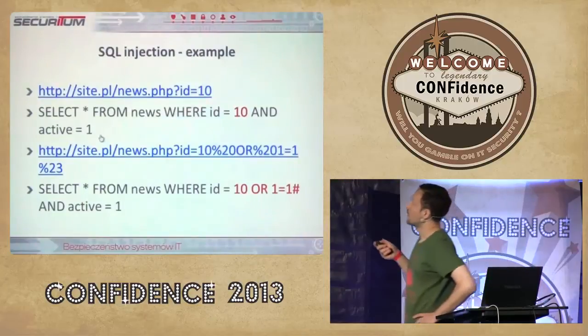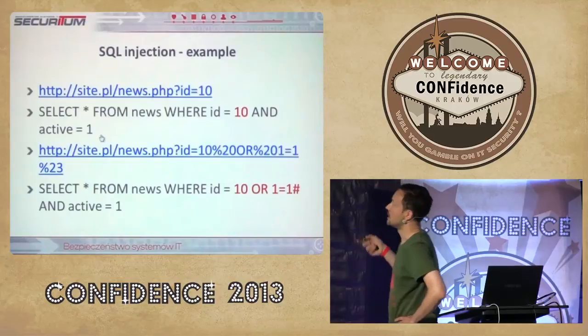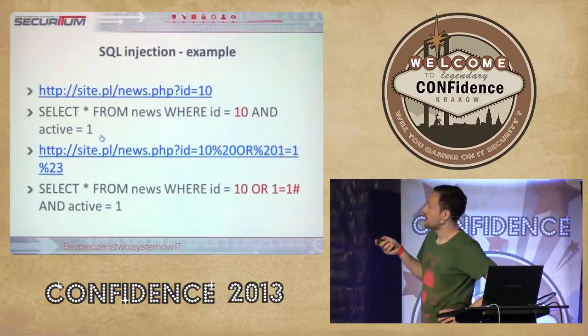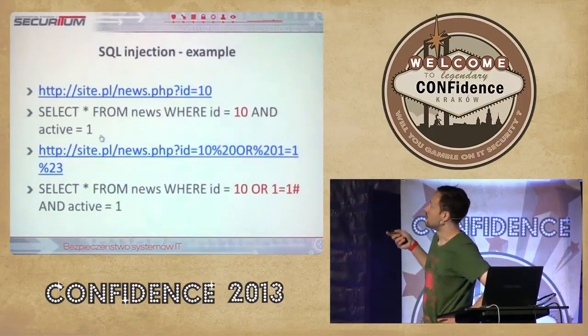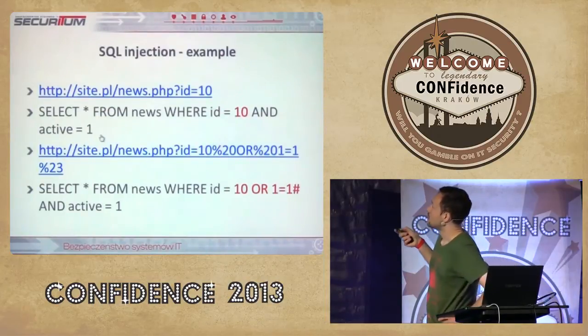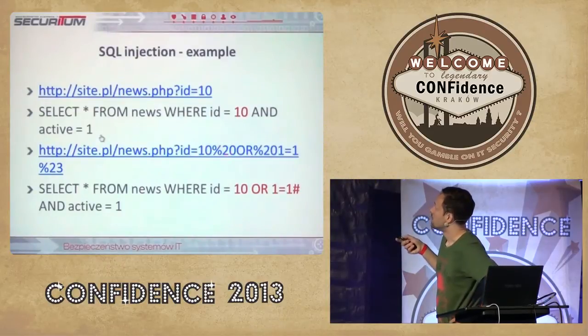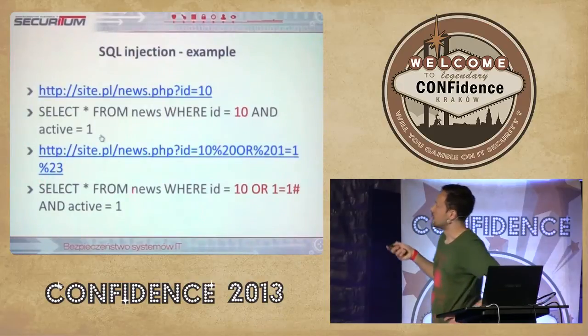So basically, for example, we have a site like this. It shows me specific news, and the underlying SQL query looks like this. So get me everything from the table news, where ID is equal to 10, and the news must be active. And when there is no validation here, injecting something like this, so %20 space or space 1 is equal to 1 %23, results in such a query.